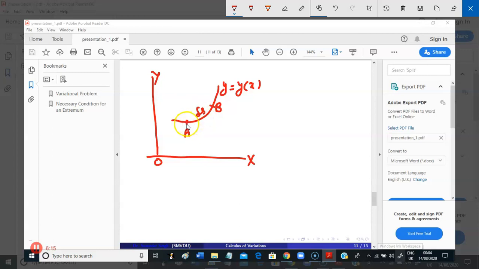Now if you draw the line parallel to x-axis here and the line parallel to y-axis here, and you say that this is the right angle. Now for the small length, I say that this distance is delta x and this distance is delta y. And if this is small delta s, then it looks like a straight line. Then by Pythagoras theorem, you can say that delta s square equals delta x square plus delta y square.